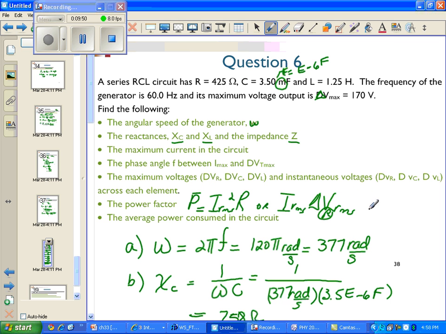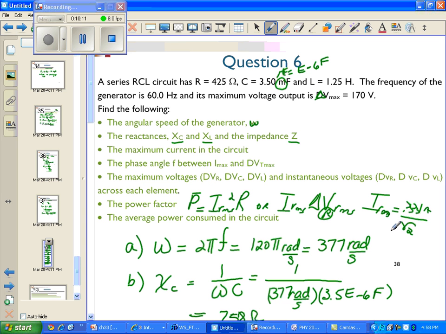In any case, I_RMS is, of course, the maximum, which we found earlier, 0.331 amps, divided by the square root of 2.